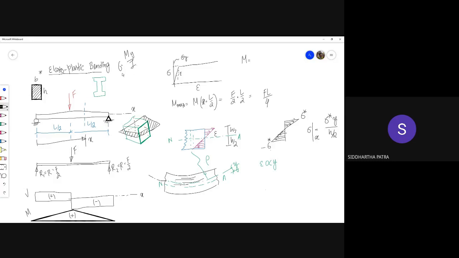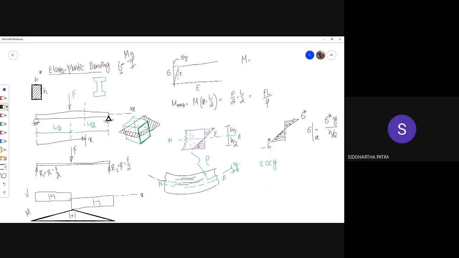Okay, but can you tell me, which stress is this one? Is it the maximum stress in the cross section, or is it the maximum stress anywhere on the beam? Which stress is this one? Depending on the M, that is anywhere on the beam.